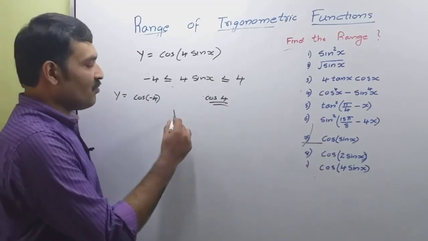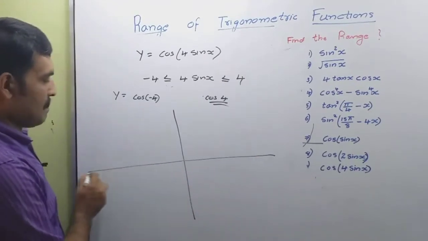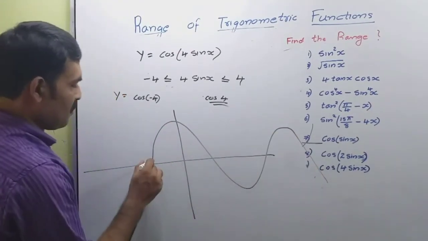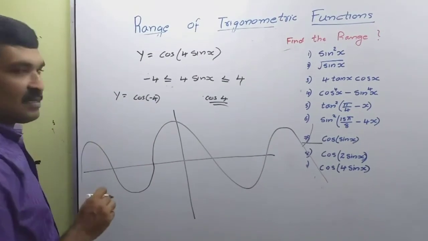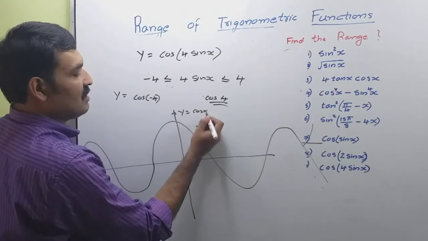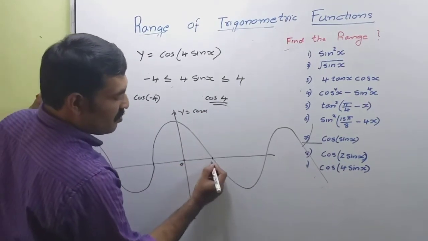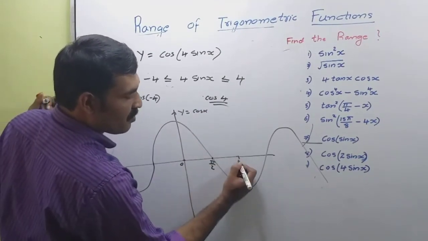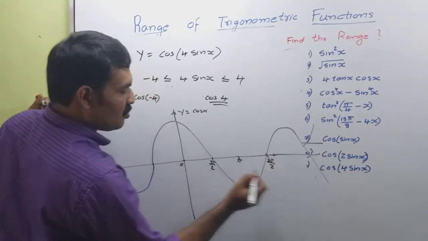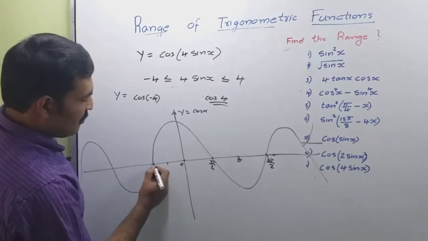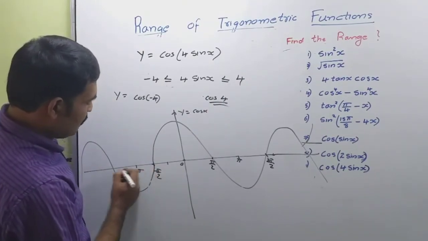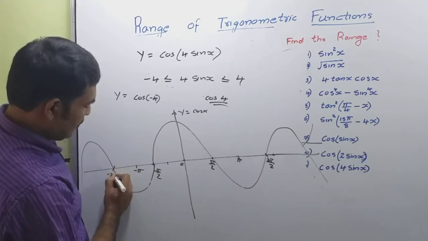Now we draw the graph of cos x. This is the graph of y is equal to cos x, with points 0, pi by 2, pi, 3 pi by 2, and minus pi by 2, minus pi, minus 3 pi by 2.